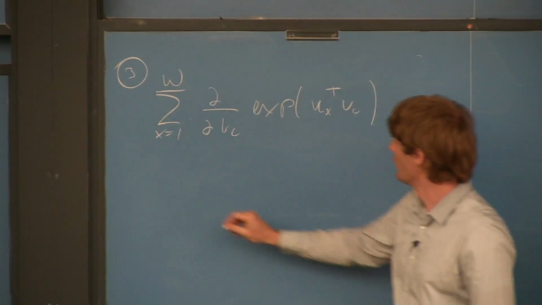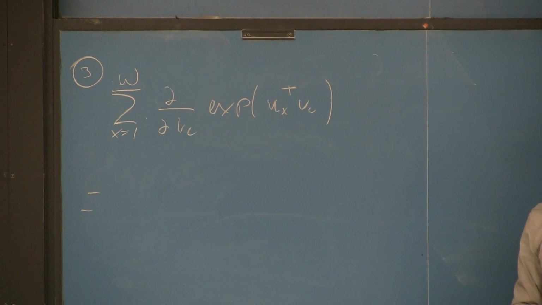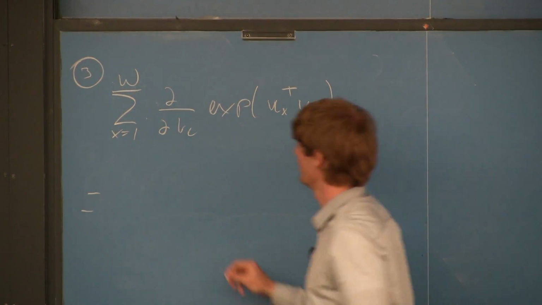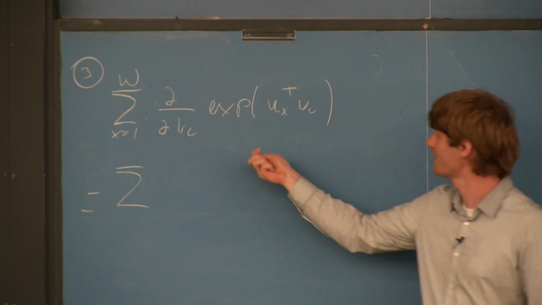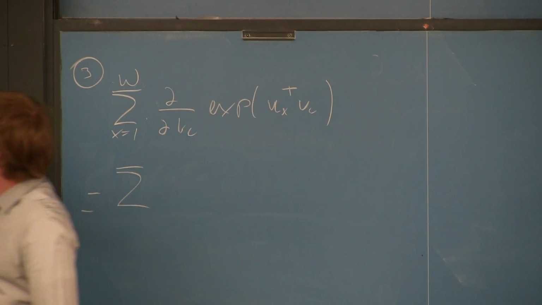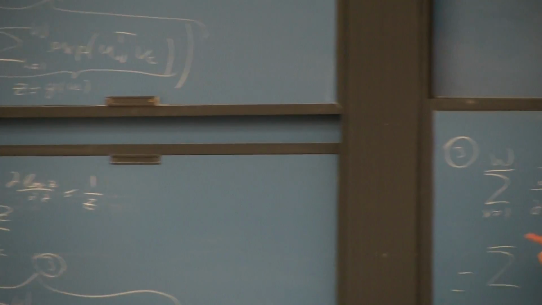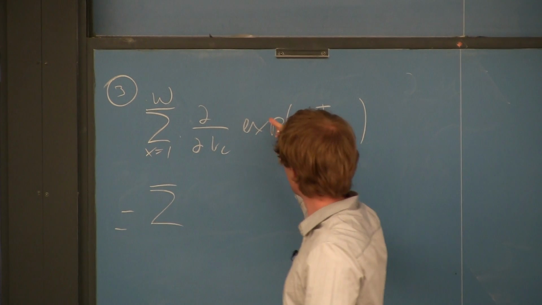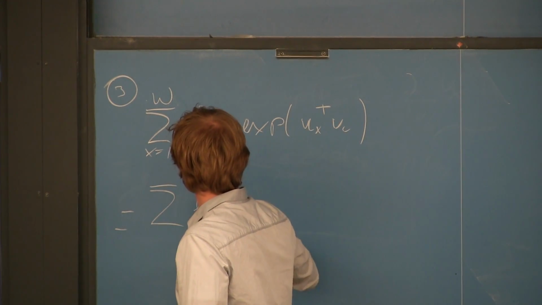All right, now what is the derivative of the exponent of something? Exactly. Again, this is just the chain rule. We have a function f, and some other function g of vc, which just happens to be an inner product, and we basically just apply the chain rule. The chain rule is the derivative of the outside times the derivative of the inside.